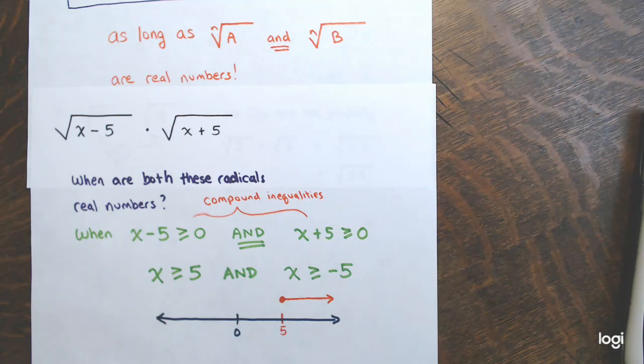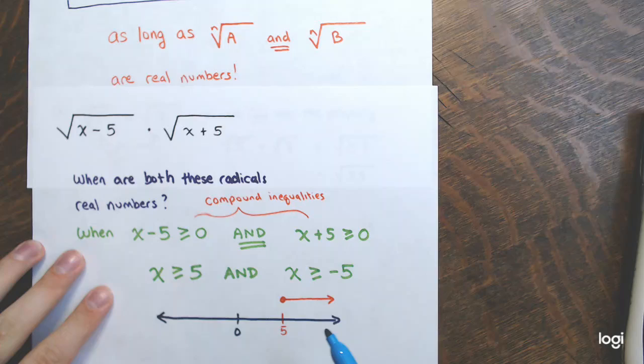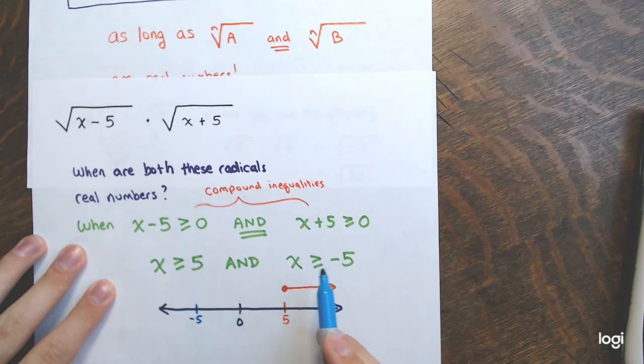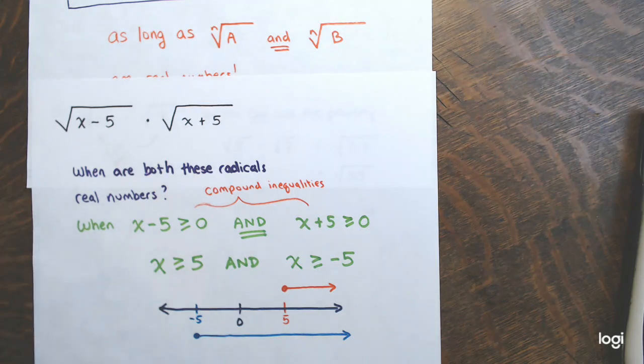And all the numbers greater than 5 are 6, 7, 8, 9, all those numbers there. Then all the numbers greater than or equal to negative 5, here's negative 5 over on this side of 0. Negative 5 itself is equal to negative 5. And then all the numbers greater than negative 5 are again to the right: negative 4, negative 3, negative 2, and so on. And again, the word and is in this.